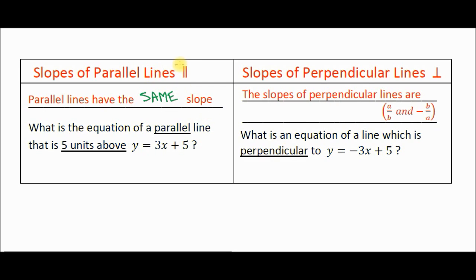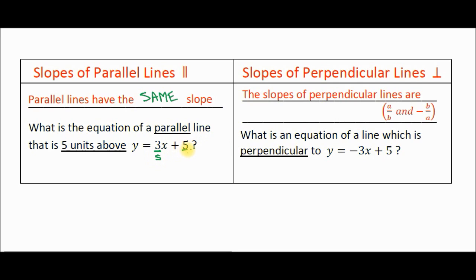So the kind of question you'll see regarding this is, here's a question. What is the equation of a parallel line that is 5 units above the equation y equals 3x plus 5? Well, remember, this is an equation of a line. Remember, y equals mx plus b. This 3 is the slope. Okay?